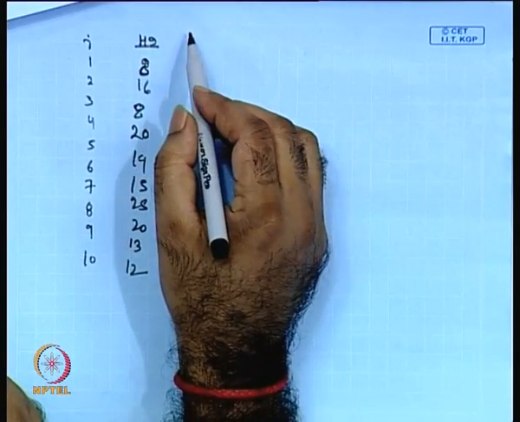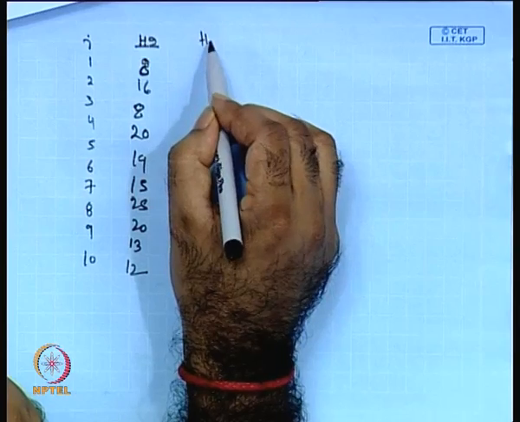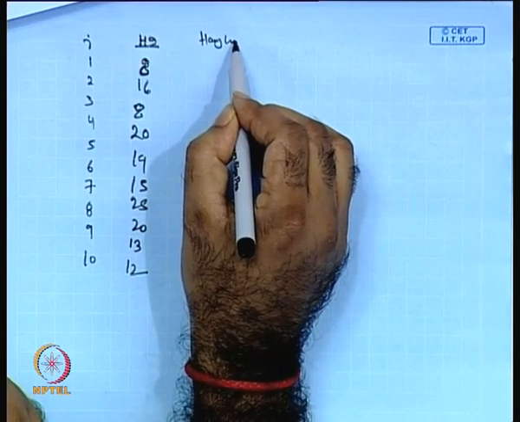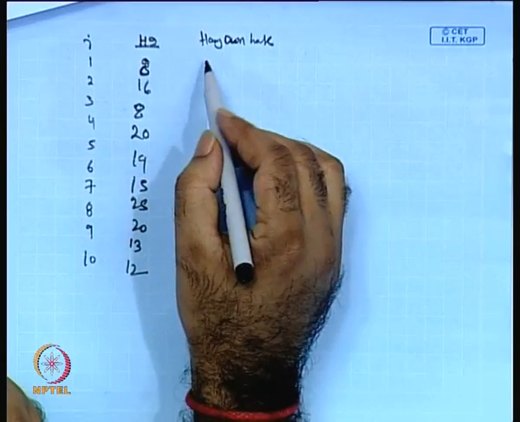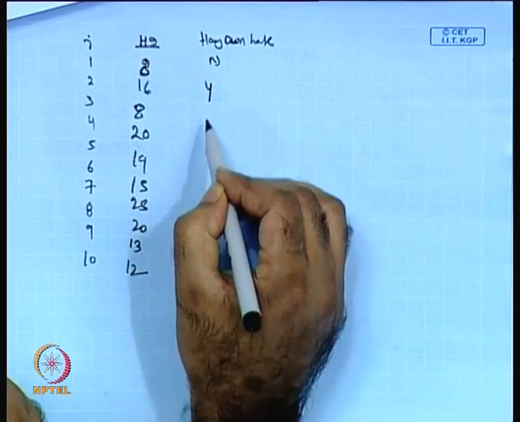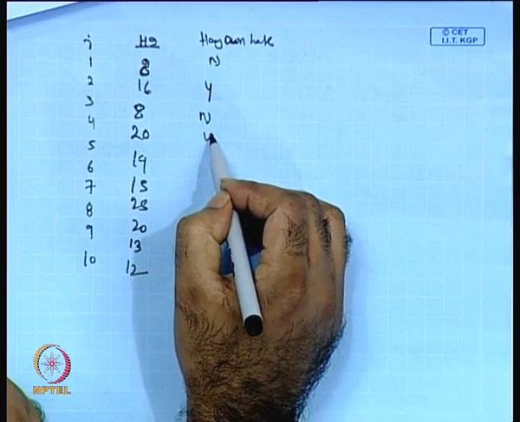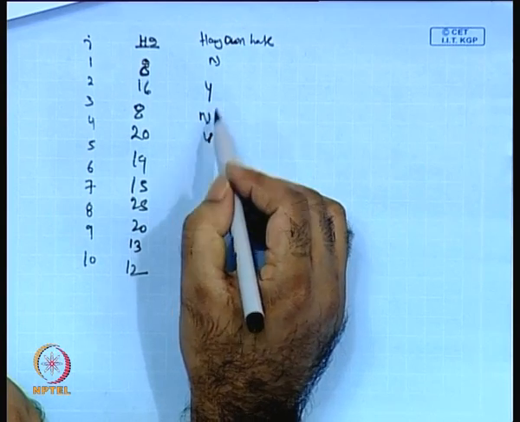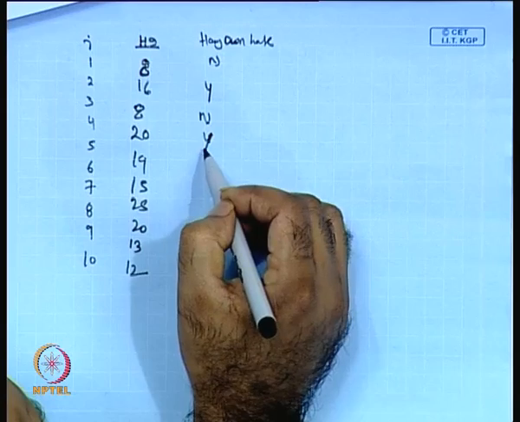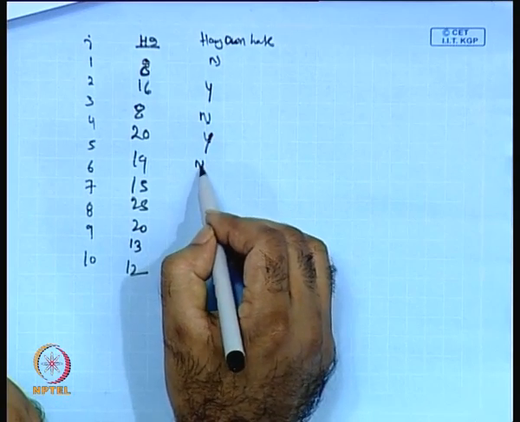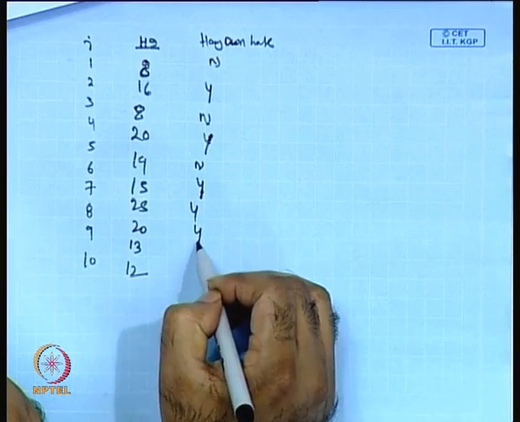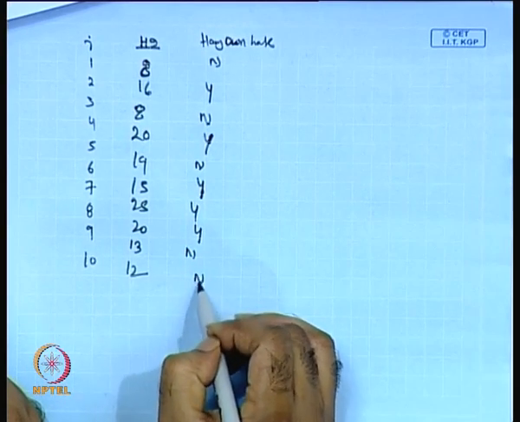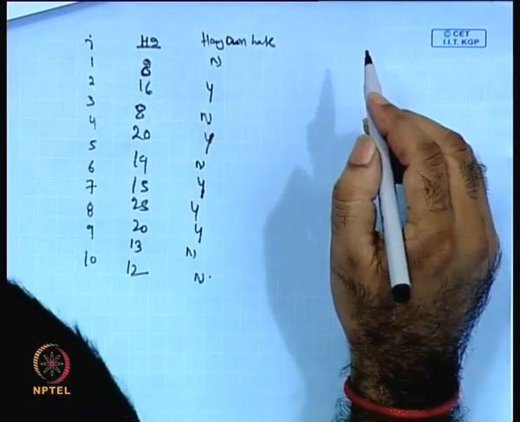Now, having house: no, yes, no, yes, no, yes, no, yes, and then no, yes, then yes, yes, then no, no. This is the structure.